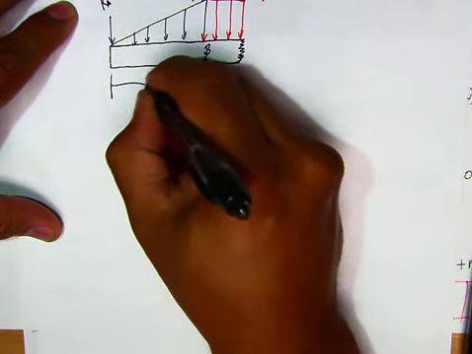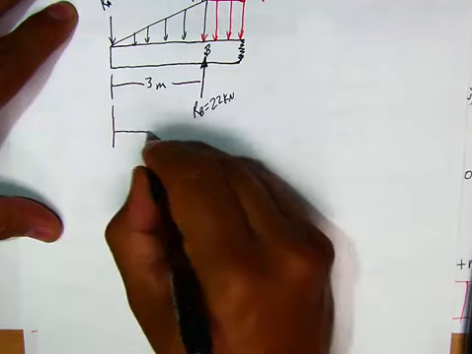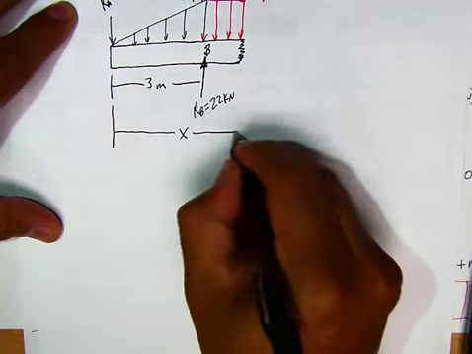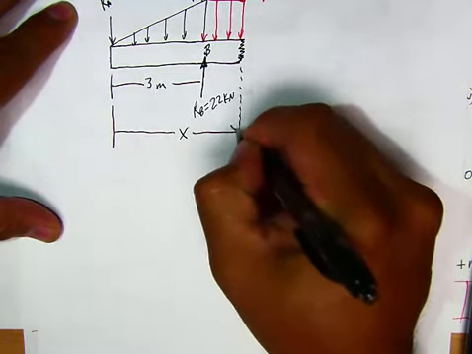From here to here is 3 meters. From here all the way to our cut is our distance x. And of course, if this is 3 meters, this is x, this has to be x minus 3. There you go.